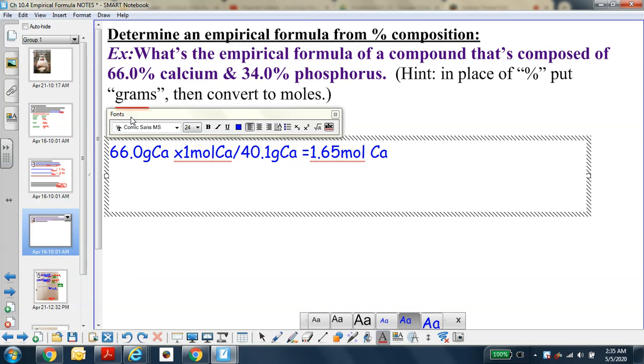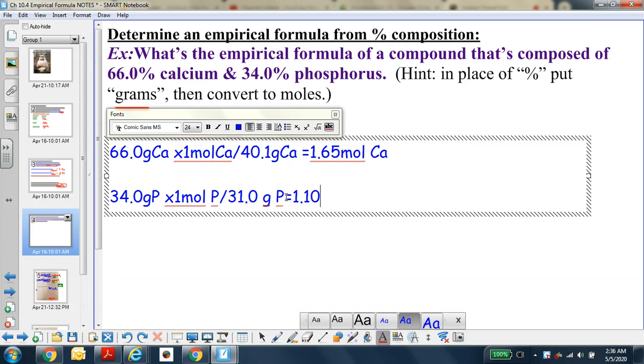So for the next part, I've got 34 instead of percent, use gram, for phosphorus, times 1 mole phosphorus divided by 31.0 grams of phosphorus, and that 31 comes from the atomic mass on the periodic table, rounded to one place past the decimal, equals 1.10.